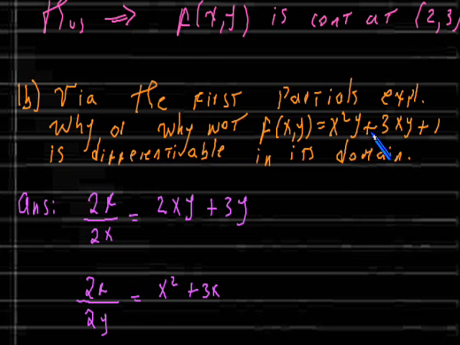Both partials are continuous throughout the plane. Therefore, the function f(x,y) equals x squared y plus 3xy plus 1 is actually differentiable everywhere in the plane. So this is what you have to say.